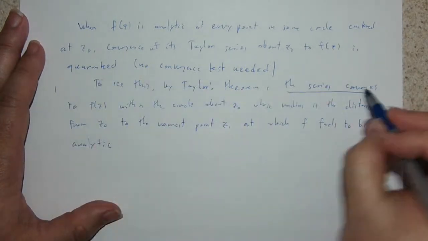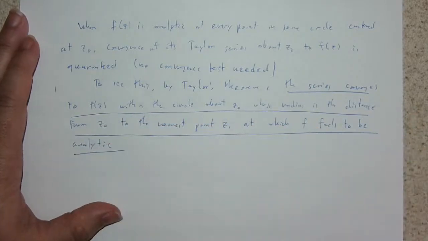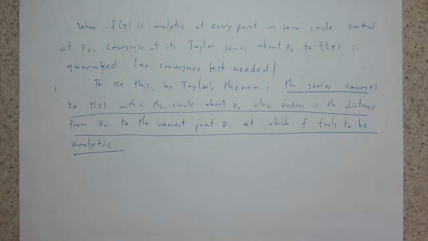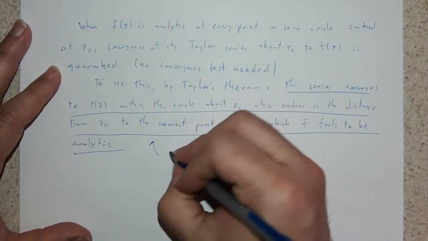So this underlined portion is a nice way of characterizing what this statement of Taylor's theorem says. It turns out that this is maximal. So this is the largest such circle.